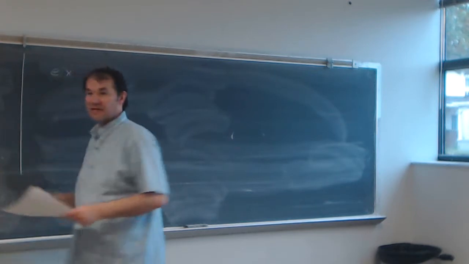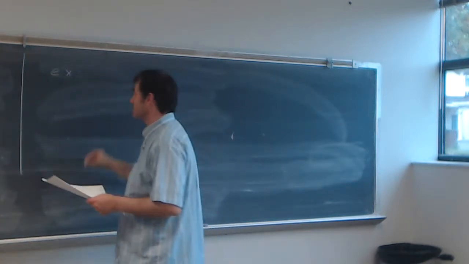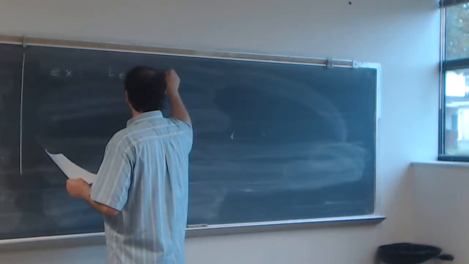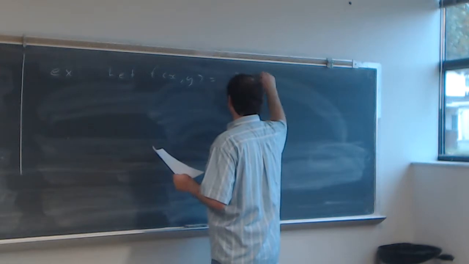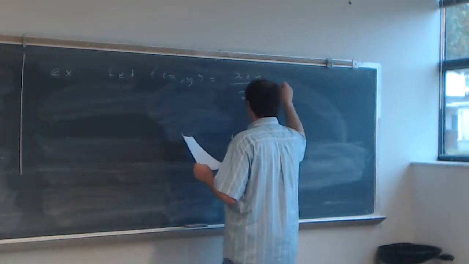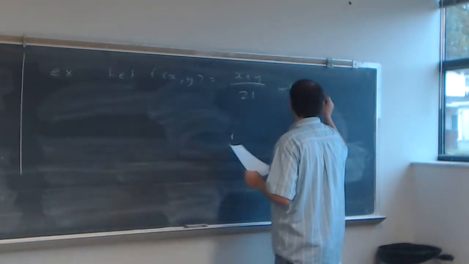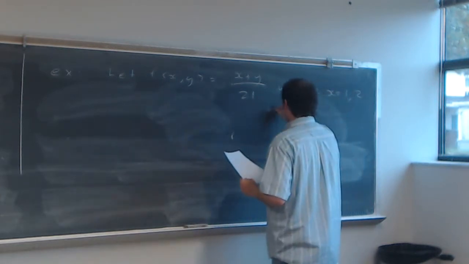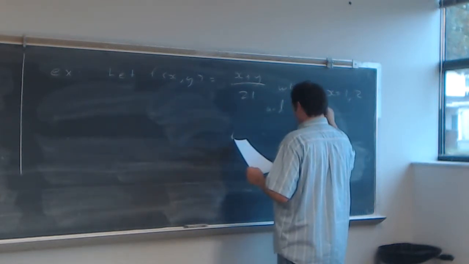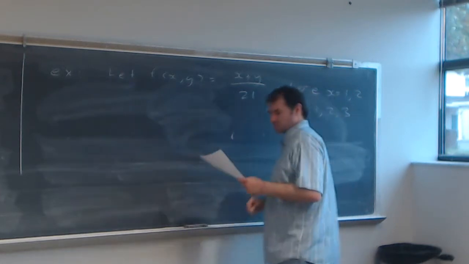I think this is an example we've looked at several times previously. As an example, let f of x comma y equal x plus y over 21, where x is equal to 1 or 2, and y is equal to 1, 2, or 3.